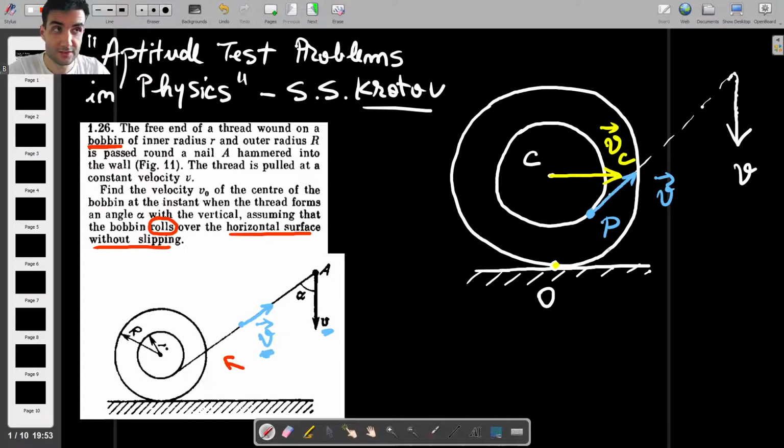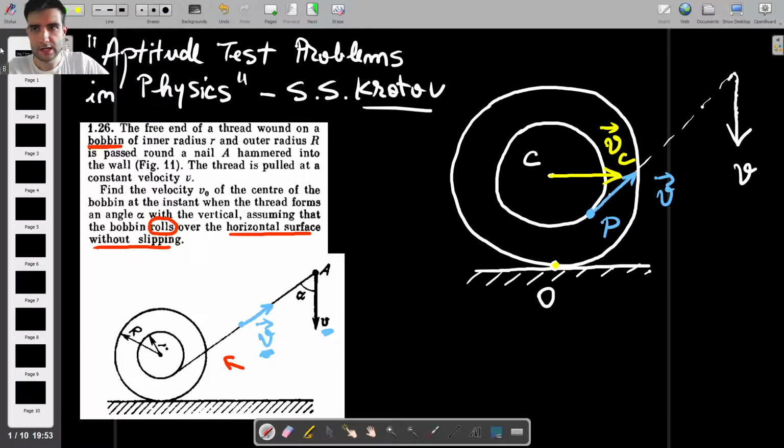Note this is not actually the absolute velocity at point P, it's just the component in the direction of the thread. So with this in mind, let's try to see how we can find the velocity of point C, okay? And we'll take it step by step.